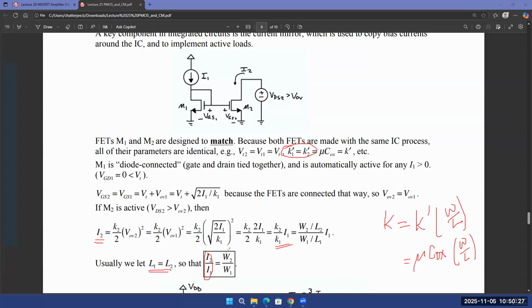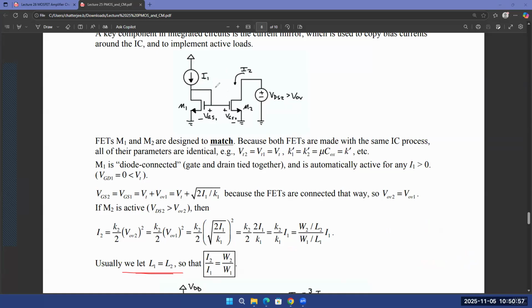Whatever is the width ratio for the two transistors, the ratio of the currents will be exactly the same. If widths are equal, the currents will be equal. If the width of transistor M2 is 10 times higher than the width of transistor M1, the current I2 will be 10 times higher than I1.